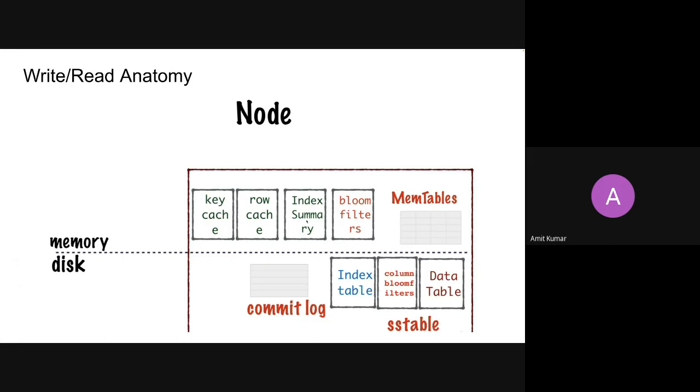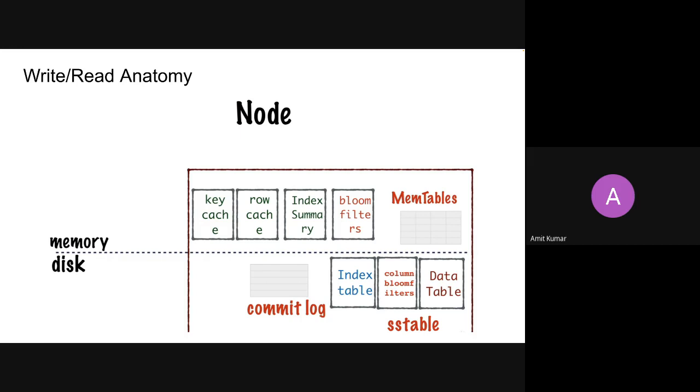Basically, Cassandra wants to flush the data as quickly as possible. So first it will go to the index summary. Then it will identify from the Bloom filter whether that row is present or not. Based on that, it will know whether it has to create a new entry or update an existing one. Okay.